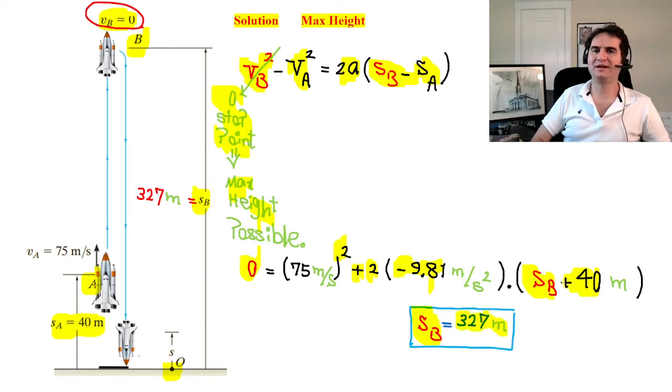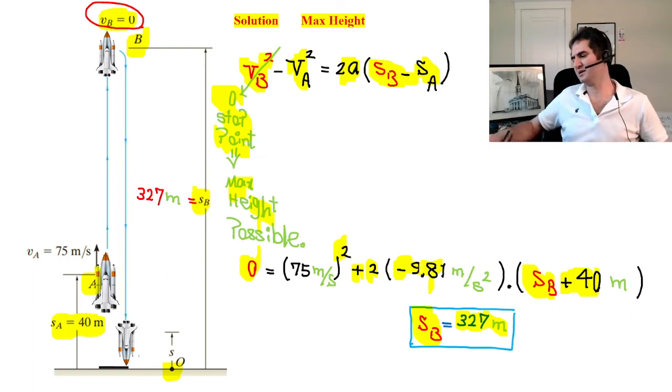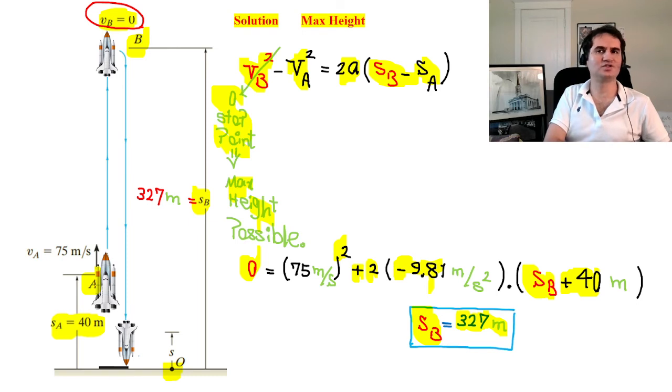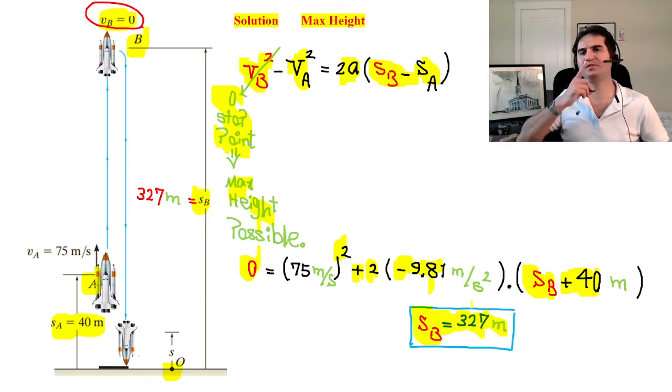If you are picky about what happened here, you can replace it with 9.81 and use s_B minus 40. That is identical, and you reach the same numeric value of 327 meters for the maximum height from the origin.